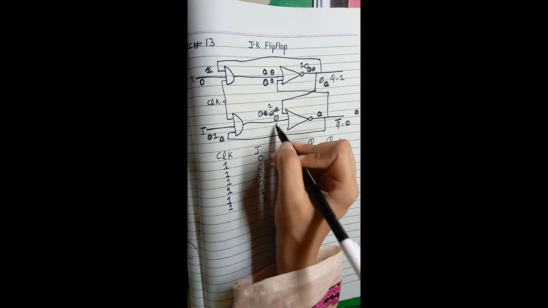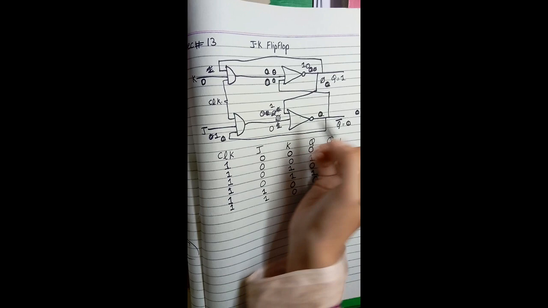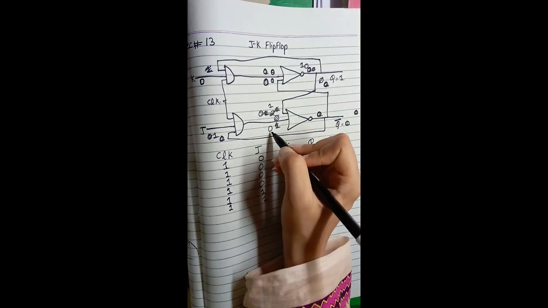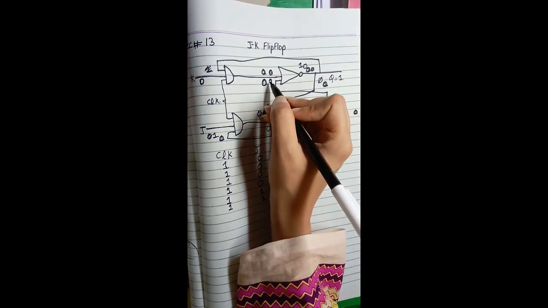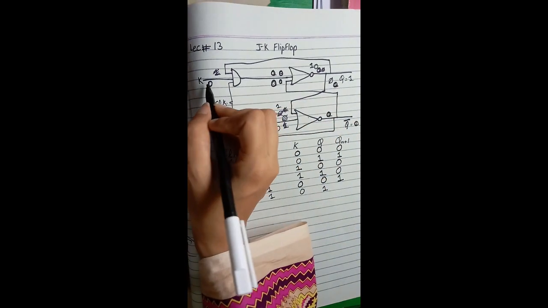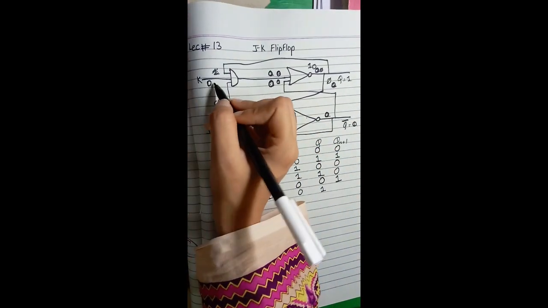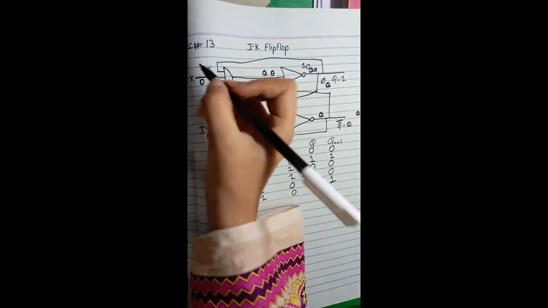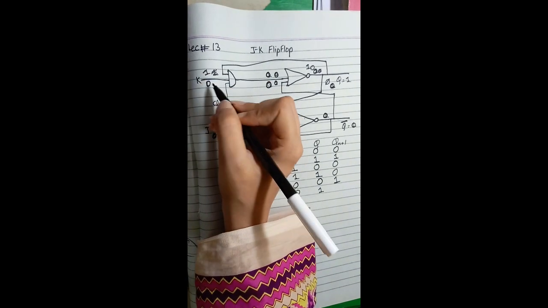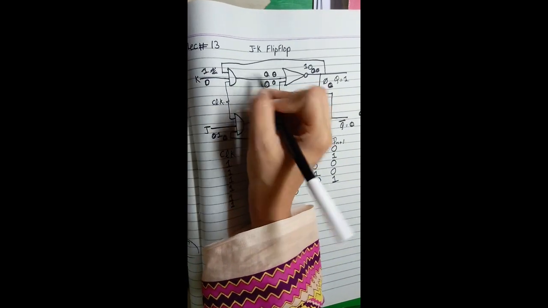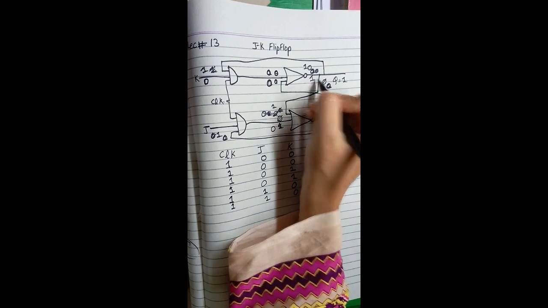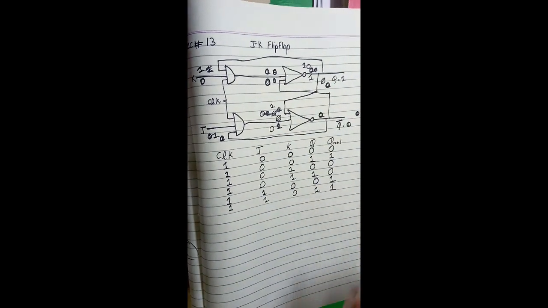So it will give us the value 0. This one is 1, 1 and 0 will give us 0. Here we go, the 0 is our input. Here the value of K is 0. This one is 1 and 1. It will give us 0 according to the AND gate. 0 and 0 will give us 1. So here we will have 1.